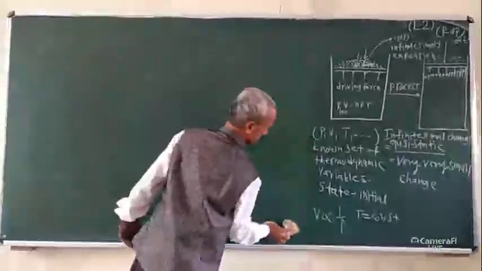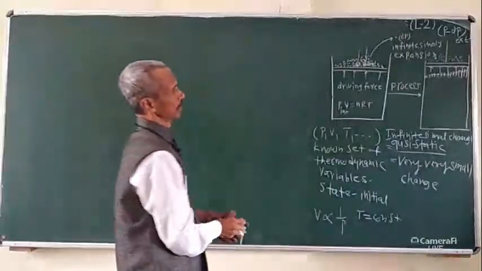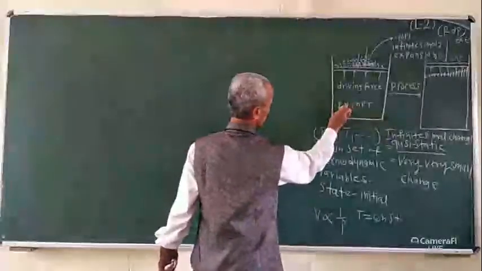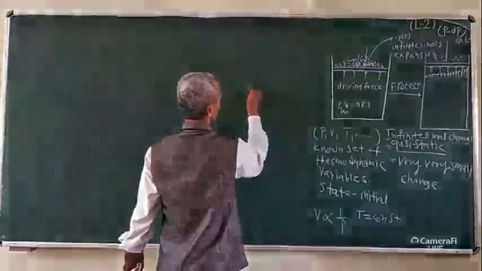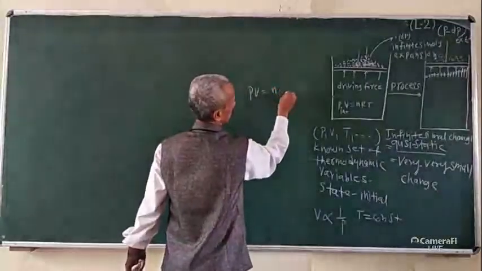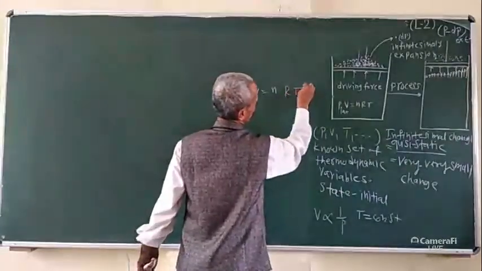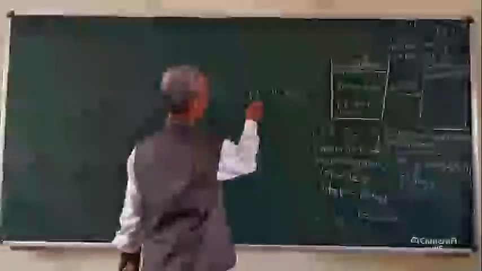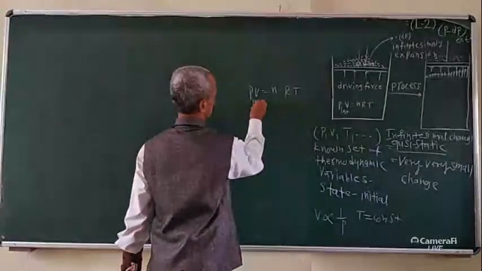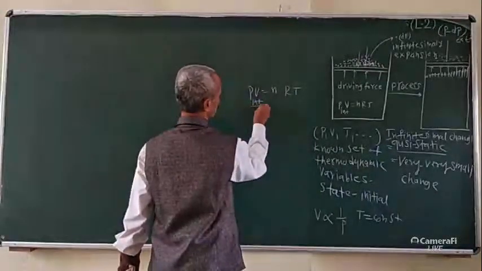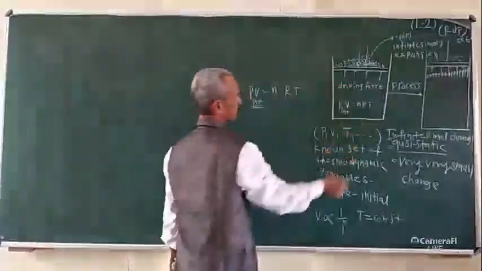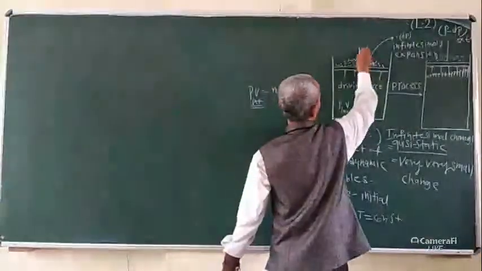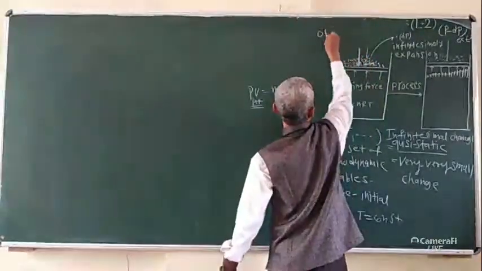So as discussed here, if this is an ideal gas, then P is equal to P external. This internal pressure acts as a driving force, and this is the opposite force.